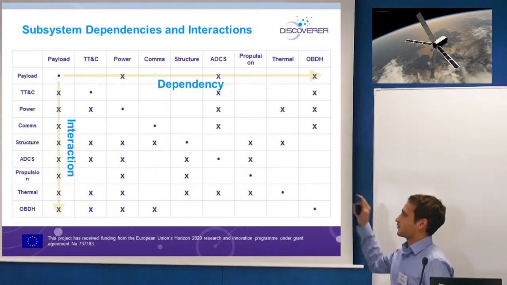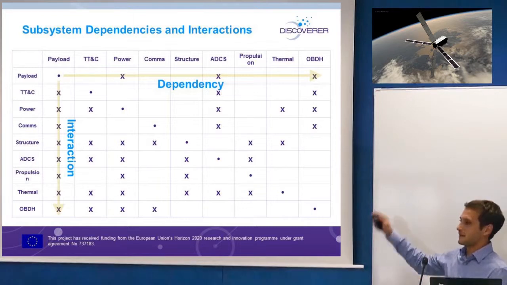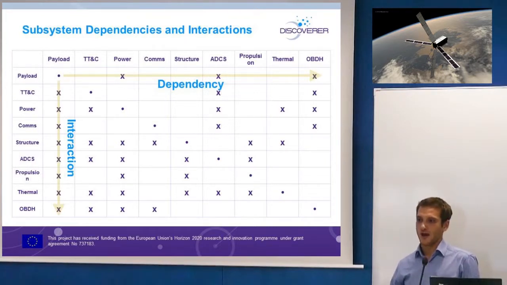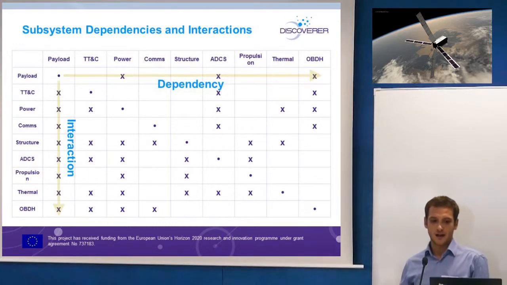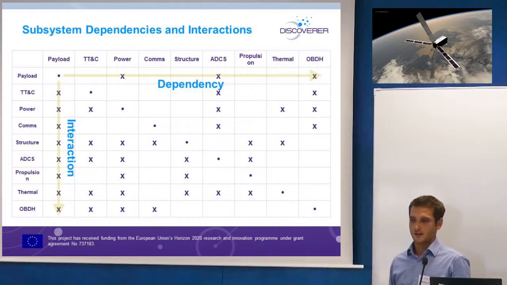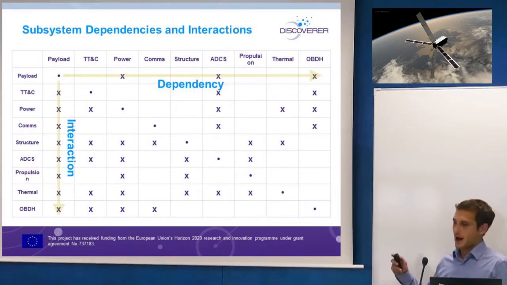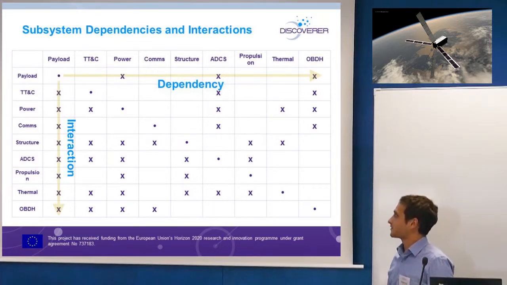Within each of these blocks, we might also then have lots of subsystems. So for the example given here, for a space system, we have the payload, we have telemetry, tracking, control, power, communication, structure, attitude determination, and so on. And we have dependencies and interactions between each of these systems.